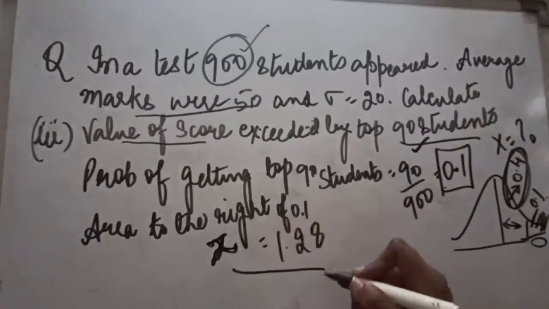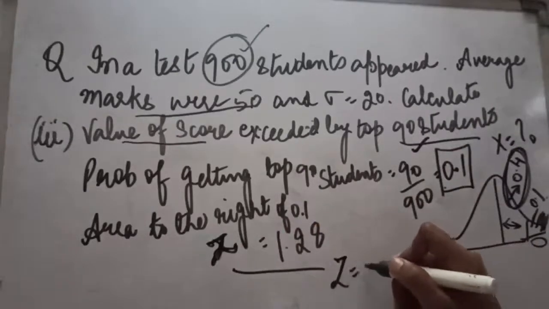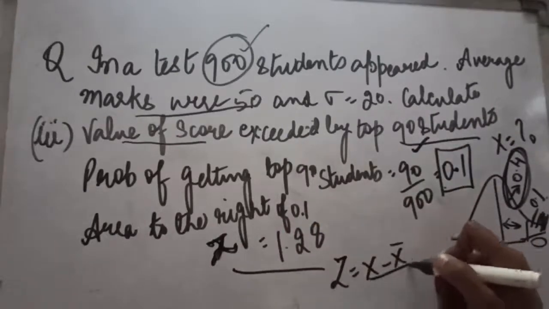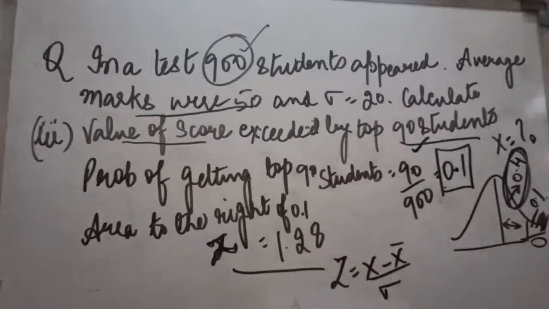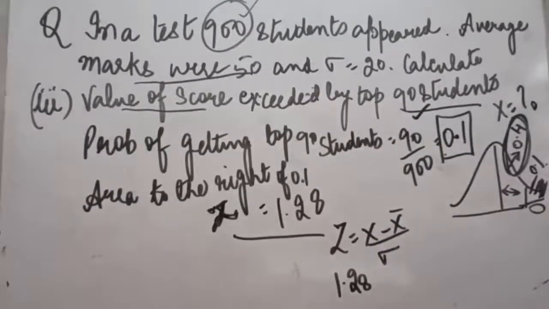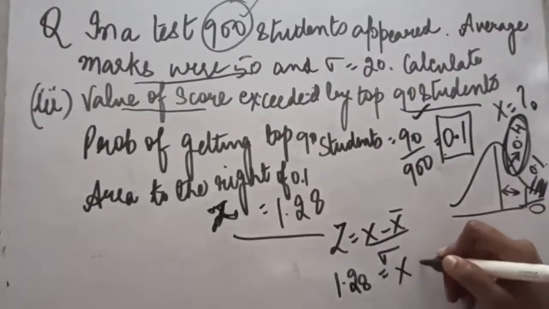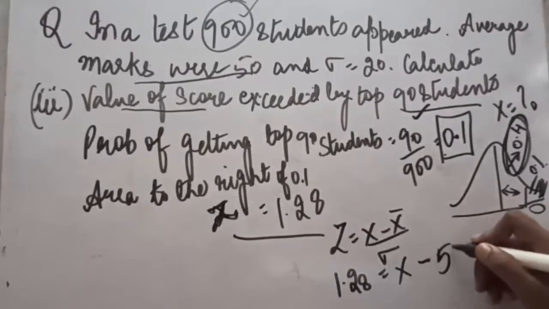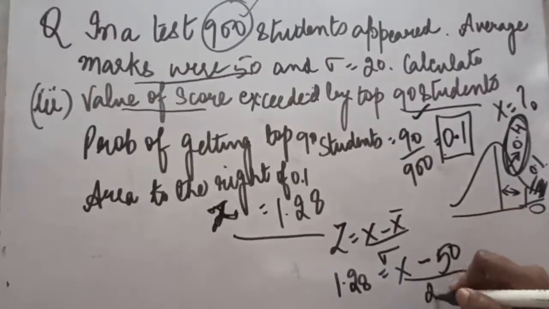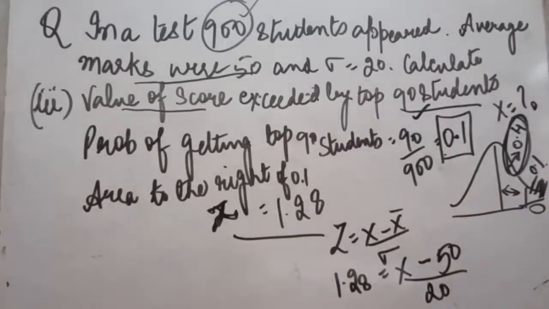Now we will apply the formula Z equals x minus x mean upon standard deviation. So we will put the values. 1.28 is our Z, equal to x, which we have to find out. The mean was given in the question as 50 and the standard deviation as 20. So from here you will calculate the value of x.